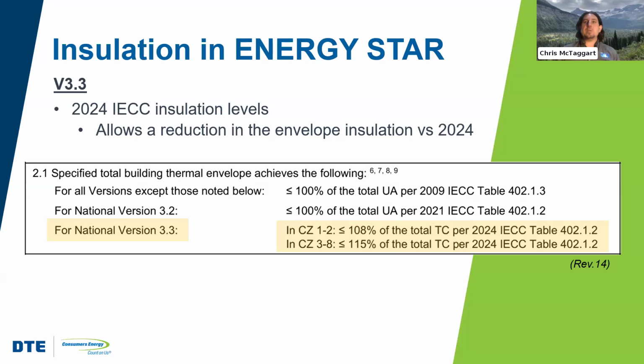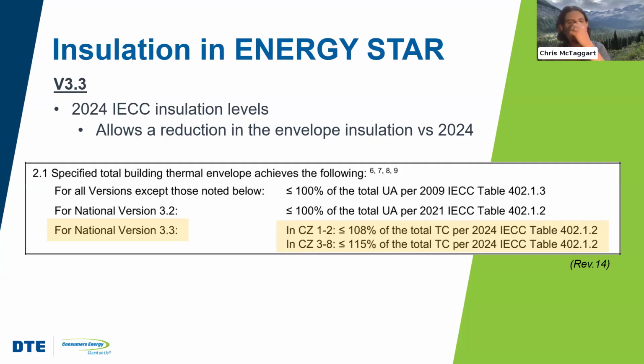So both for tax credit as well as for Next Gen, you may want to look into version 3.3 if you're working with your builders, because there is a way to get basically 15% less than what the UA would be for the equivalent of 2024.